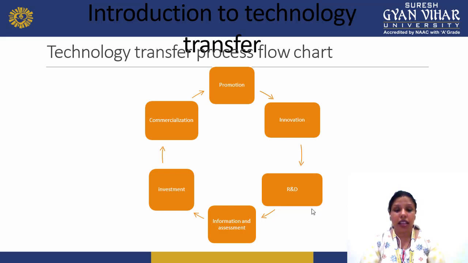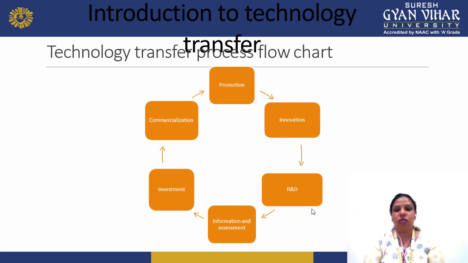After this, the investment related to that particular product is made. After the investment, there is commercialization of the product, and for commercialization, promotion is important. After the promotion, when the product reaches the market, some innovation related to it occurs, and for the innovation, the product goes back to R&D. So this is a circular flow chart.